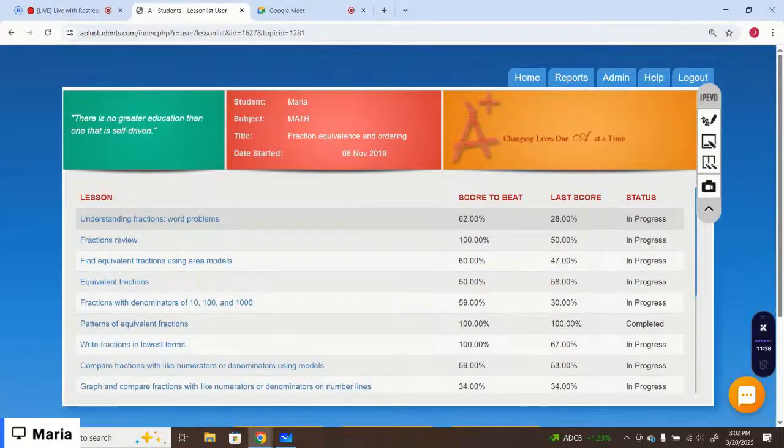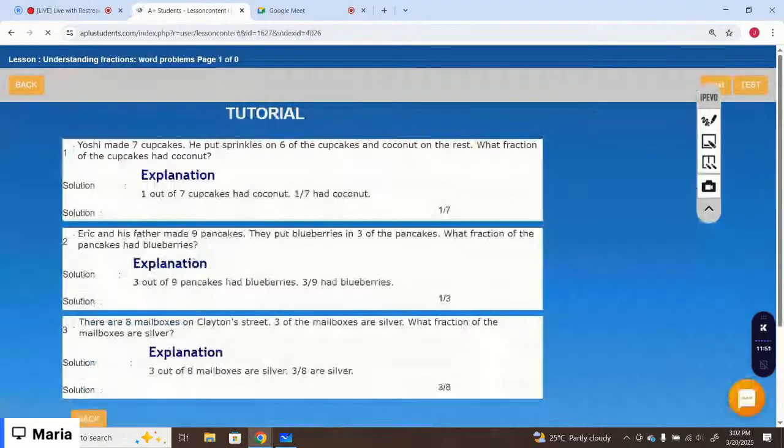Here I am on grade 4 math. The chapter we are on right now is fractions, equivalence, and ordering. Let's just start with the first lesson, that is understanding fractions word problems. Yoshi made 7 cupcakes.